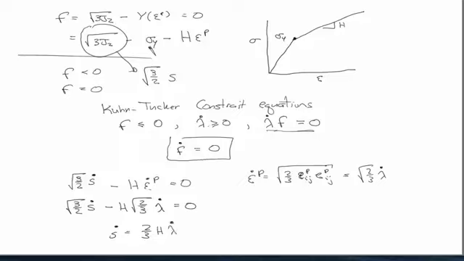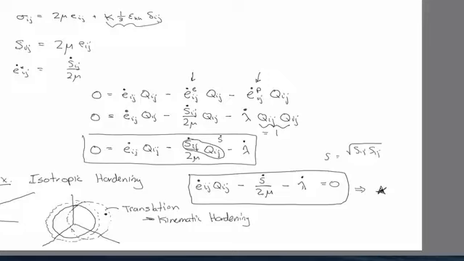Now I can plug this into star, right? So now I have an expression for S dot. I plug it in here, and I have an equation where the only unknown is lambda dot.